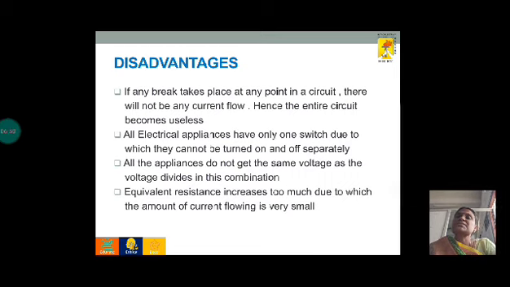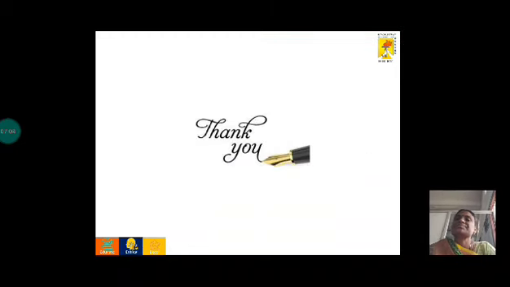The equivalent resistance in a series combination will be too high, so the amount of current flowing will be very minimal. These are the greatest disadvantages of the series circuit.